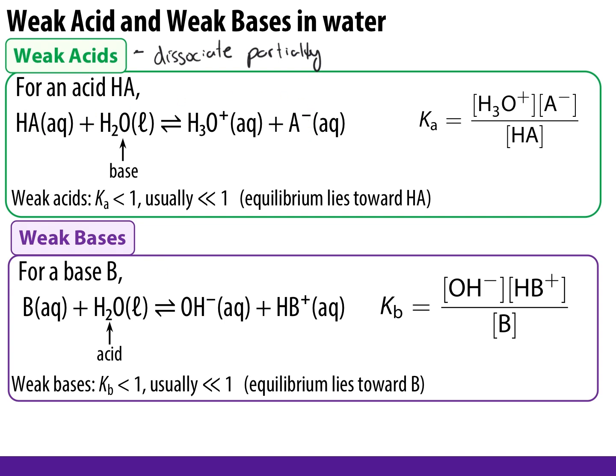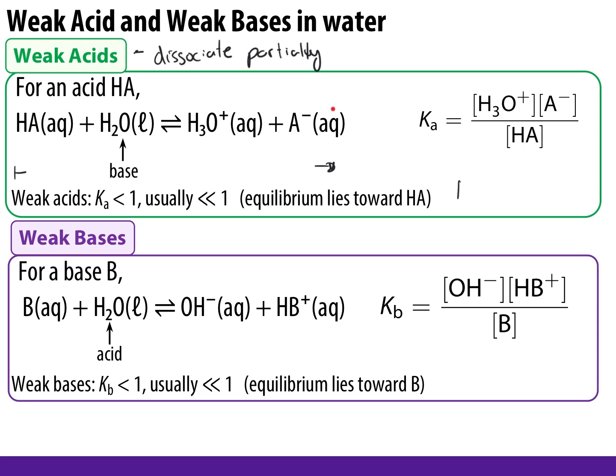Now again, because for a weak acid we know it dissociates partially, that means the value of the equilibrium constant here is less than 1, and usually much, much less than 1. The equilibrium lies towards reactants. Again, that key information about our number line, where if we look at this here, if we were all reactants, that would be a K very, very close to 0.